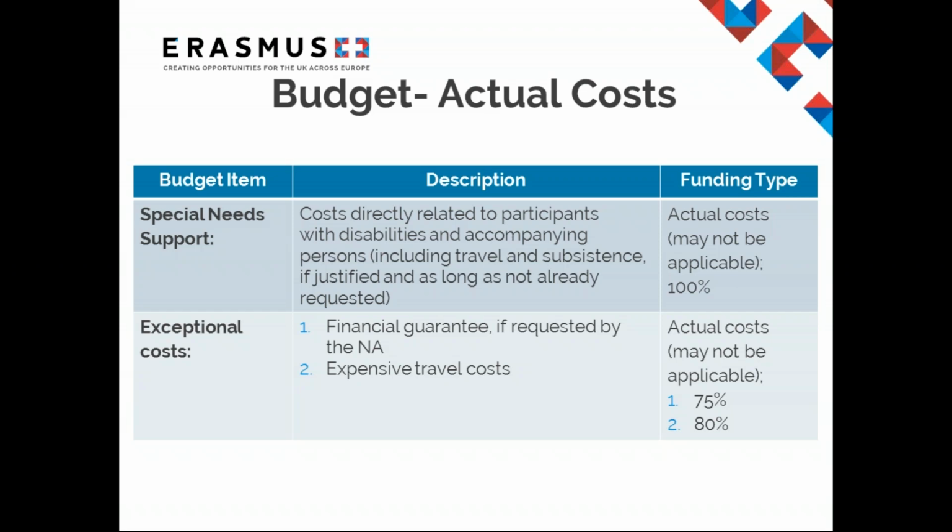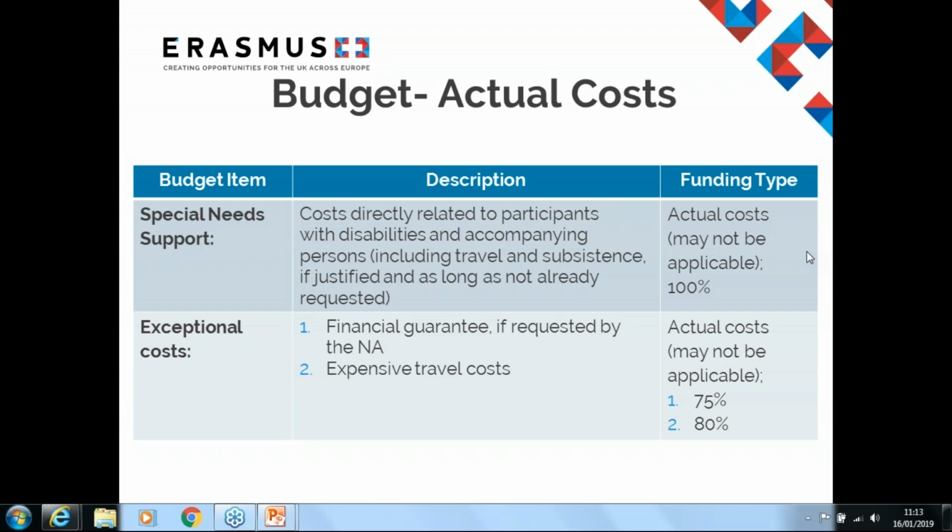Special needs support will support specific needs, and exceptional costs are based on actual costs and need to be justified within the application. Specifically, exceptional costs include funding for financial guarantees in a very rare case and expensive travel costs, which includes any expensive domestic travel costs and travel to and from outermost regions and overseas territories and countries.